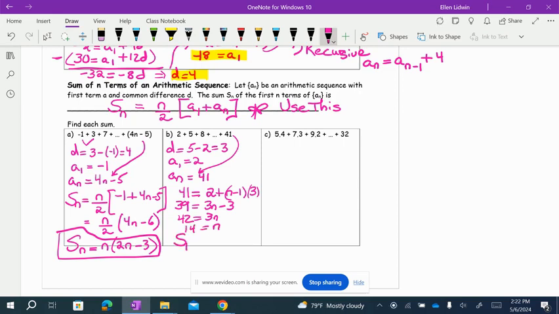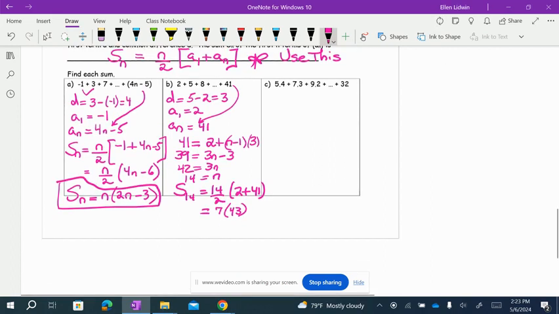So my sum, s of 14, is going to be 14 divided by 2 times 2 plus 41. And I'm going to get an answer of 7 times 43, or 301. So my s of 14, the sum of the 14 terms, is going to be 301.